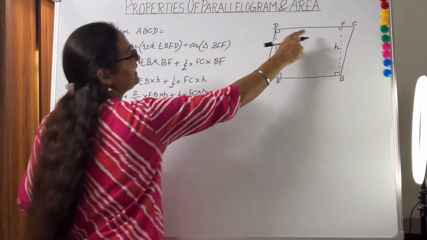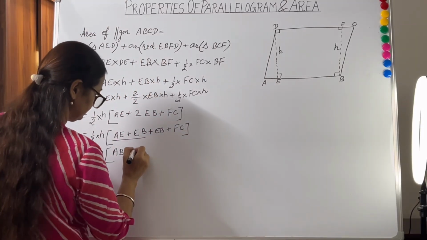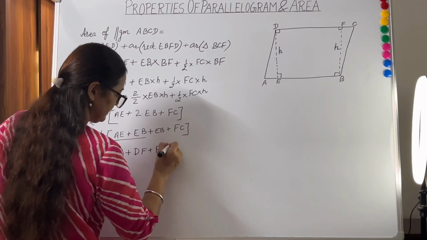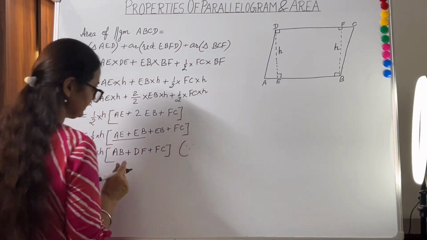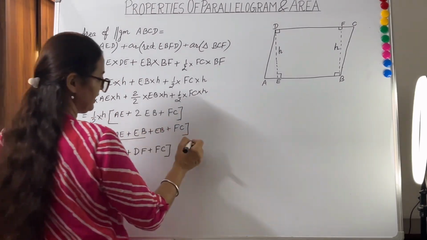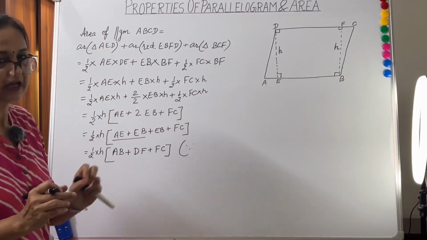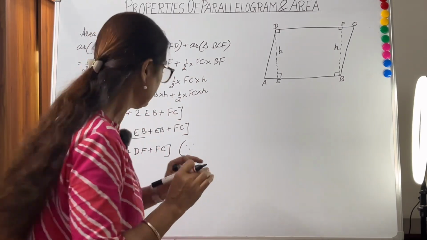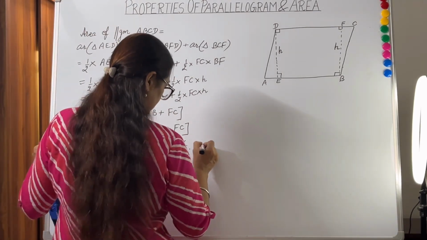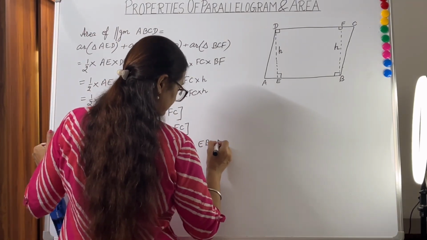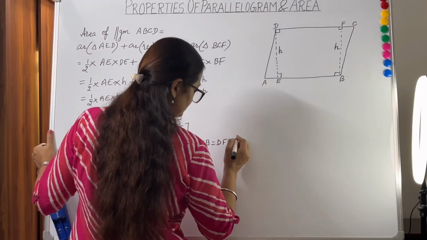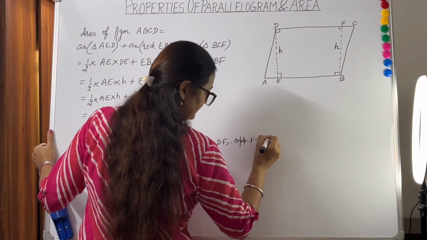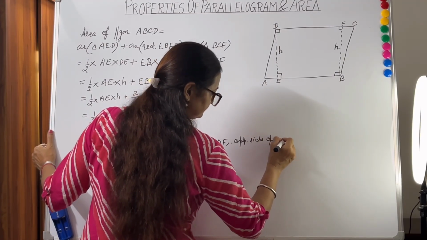So I'm writing DF in place of EB here, plus FC already here. Now why have I written DF instead of EB? I'm writing the reason. See, in geometry, dear, you have to give reasons everywhere, otherwise you will not get full marks. Okay? Because EB is equal to DF, opposite sides of a rectangle.